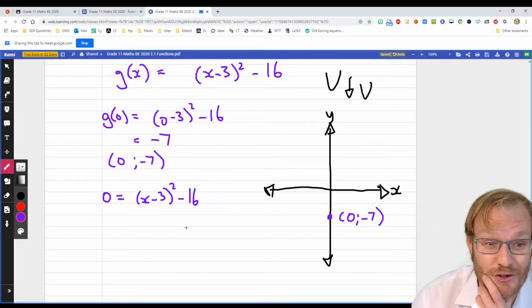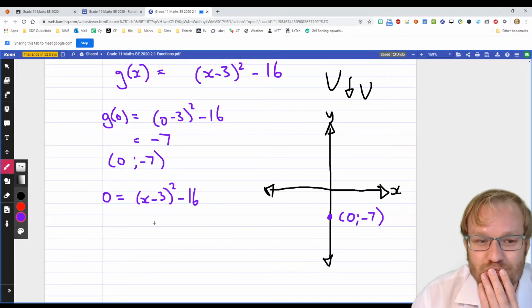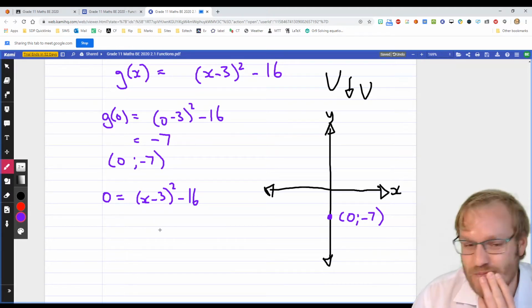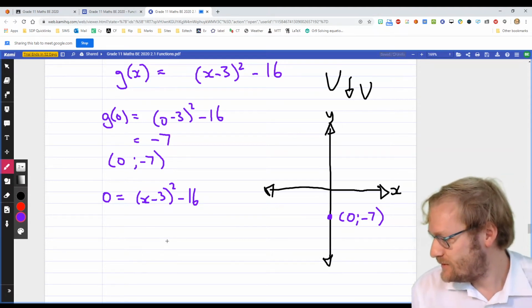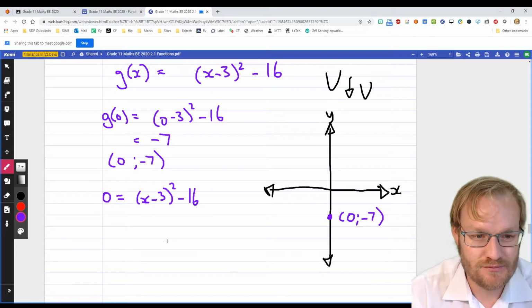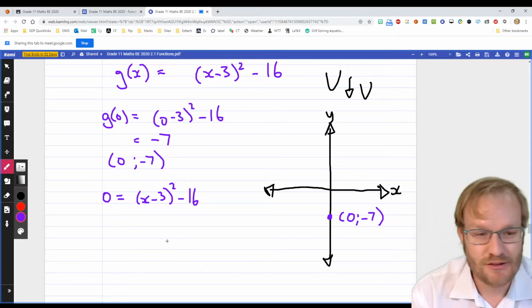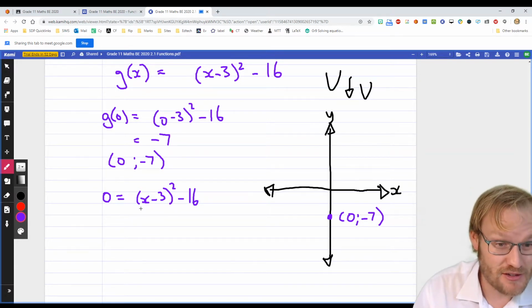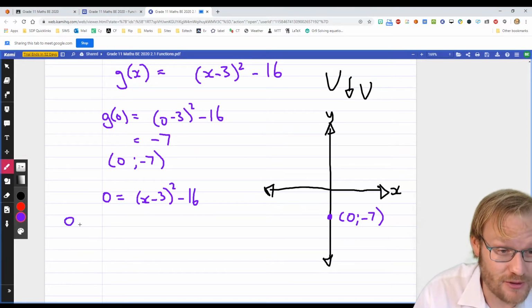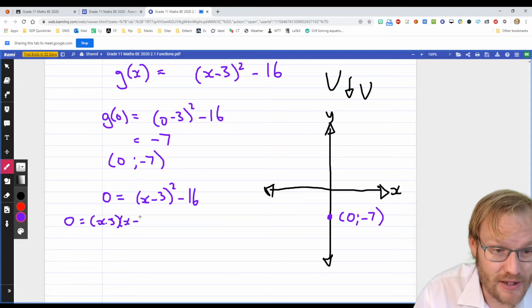Okay, so I'm leaving you to solve it. So I imagine the easiest way that you're going is saying, well, let's just square out this bracket, minus 16, and then factorize. And I'm going to do that as one method as well. So 0 equals, well, that's (x minus 3) squared minus 16.